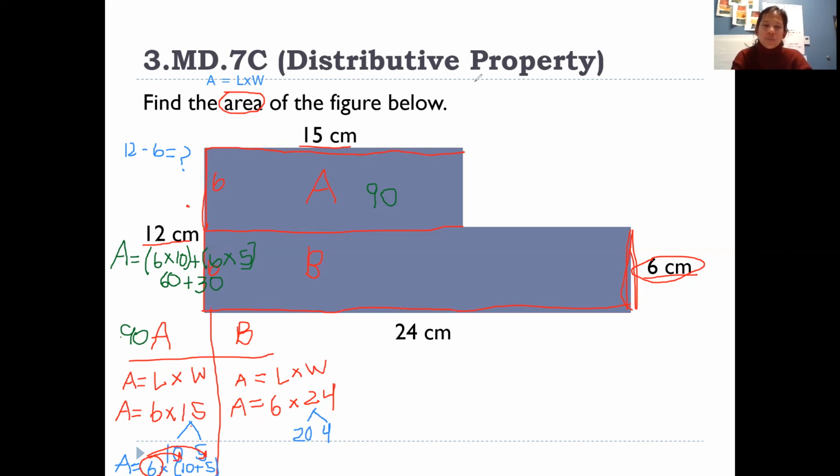So now, we would do the same exact work that we did for the first shape. So area equals, my factor remains the same, 6 times, instead of writing 24 again, I'll use parentheses and I'll say 20 plus 4, which is equivalent to 24.